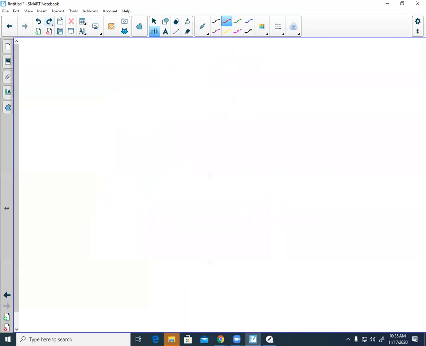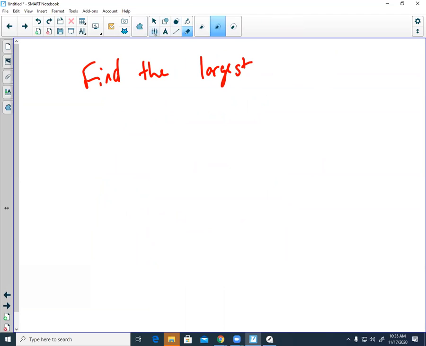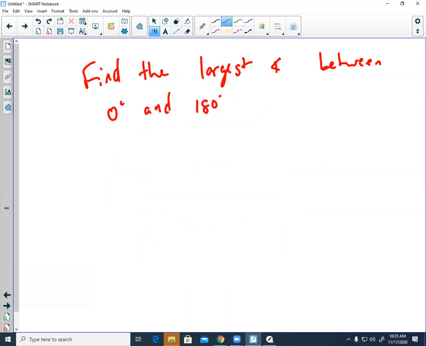If I say something along the lines of this: find the largest angle between 0 and 360 degrees.